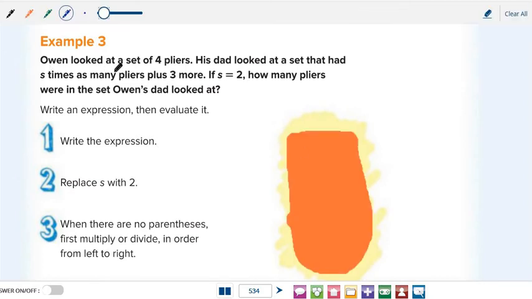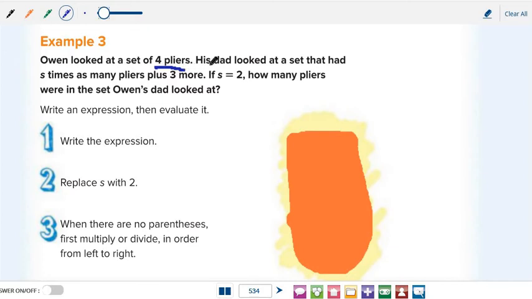Owen looked at a set of 4 pliers. His dad looked at a set that had 6 times as many pliers plus 3 more. If S equals 2, how many pliers were in the set Owen's dad looked at? Let's try to write the expression. Owen looked at a set of 4 pliers.